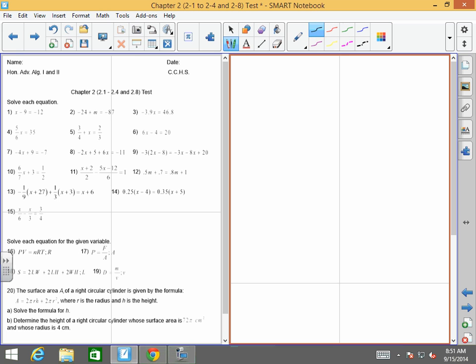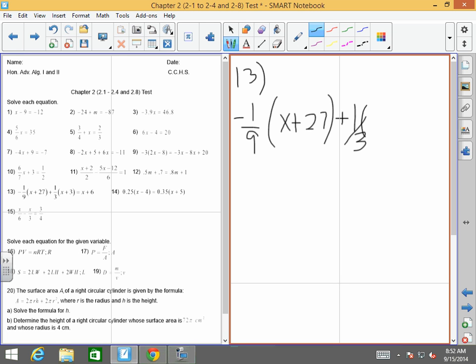Okay, number 13. I've got negative 1/9 times x plus 27 plus 1/3 times x plus 3. Hold on, let me rewrite this so I can actually fit it on there.